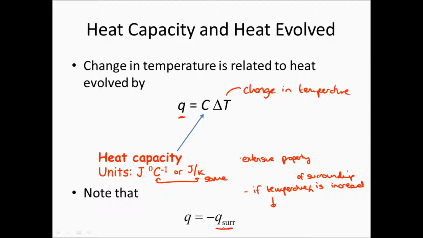Because that's of the surroundings, that heat has to come from the system, and therefore the Q of the system is going to be negative. It is exothermic, and vice versa.